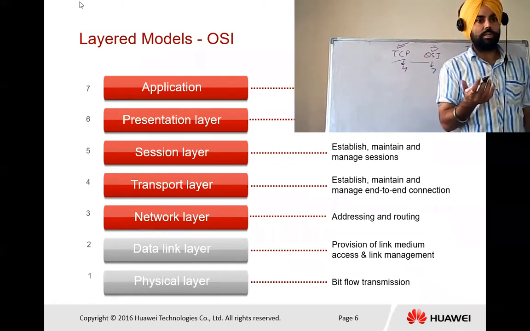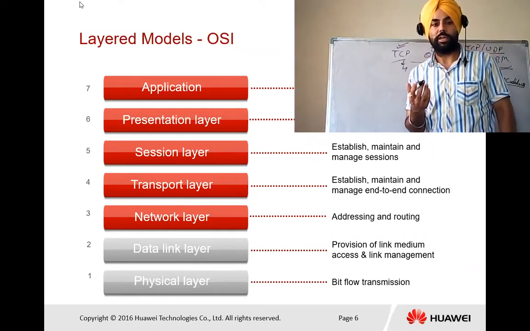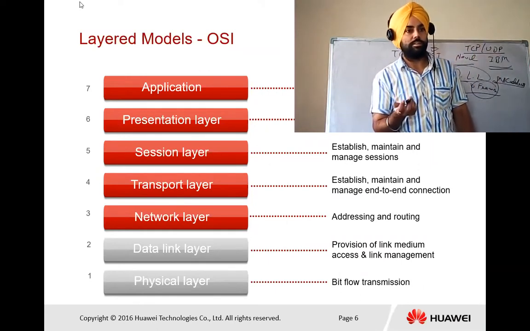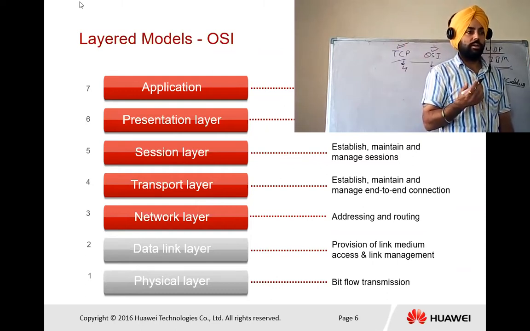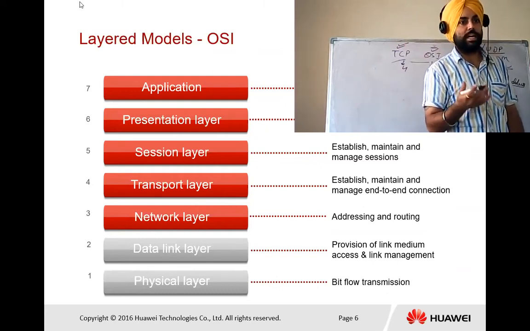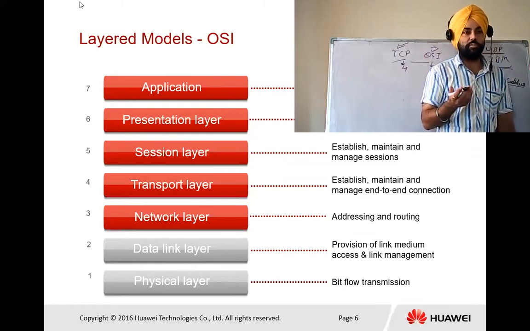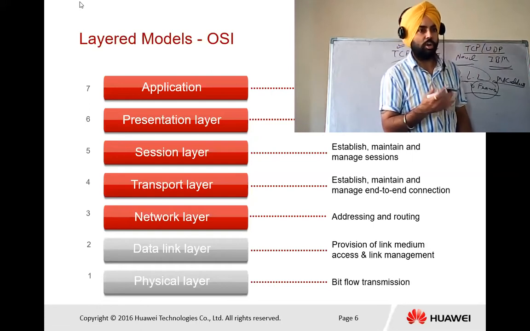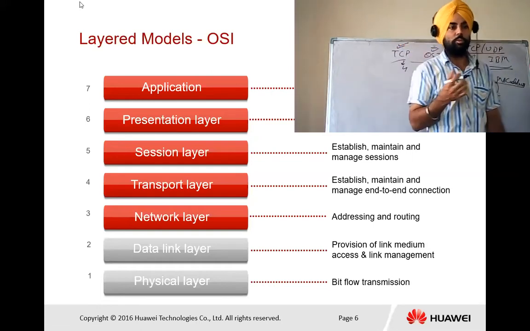We use UDP when we are online, for example online gaming, or a lecture like this, which involves fast data transmission. We don't need any kind of acknowledgement from the destination. So at that time we use UDP.